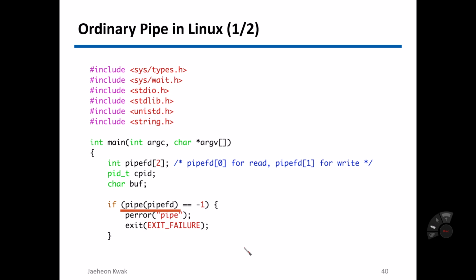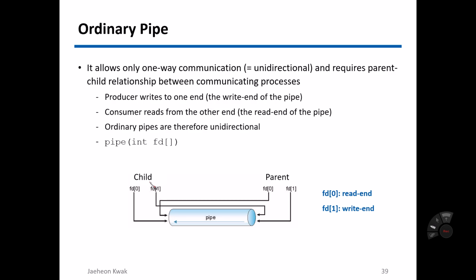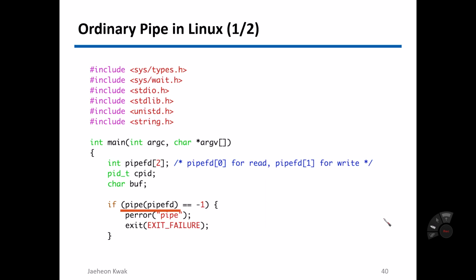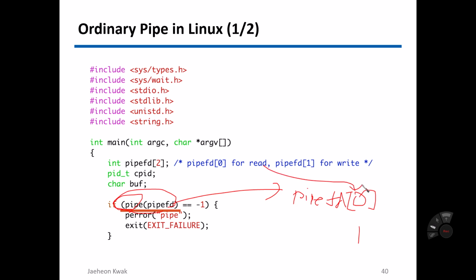Then let's see the example code. To use the pipe, we have to declare the read end and write end. After using the pipe function, we have pipe fd[0] and fd[1]; pipe fd[0] will be used for the read, and pipe fd[1] will be used for the write.